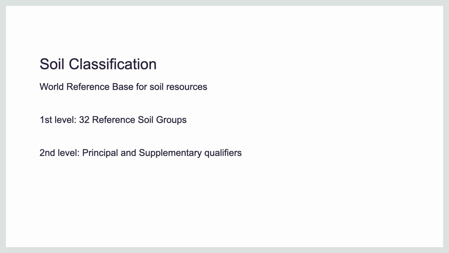These two levels, in comparison to the 8 levels in Soil Taxonomy, make the classification according to WRB much easier in some way, since you don't need to consider several levels or classes to classify the soil.